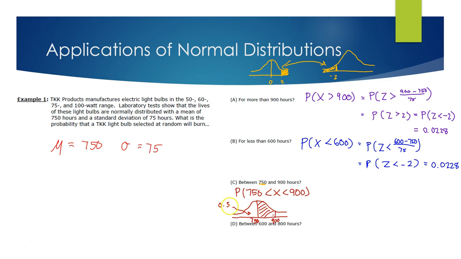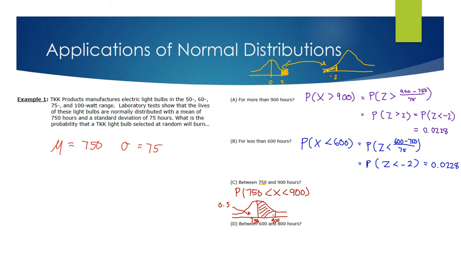So 50% should be above, 50% should be below. What I'm looking for is, if I do the probability of being less than 900, I would get this area all the way from here all the way down. But if I take off the 50% that goes to the left of 750, that's going to give me the probability I'm looking for.